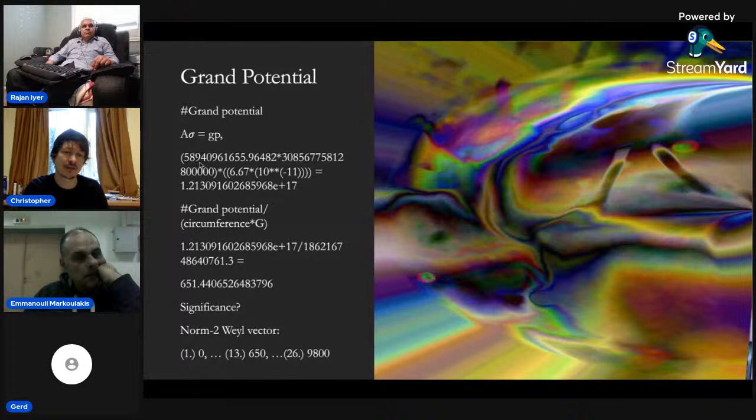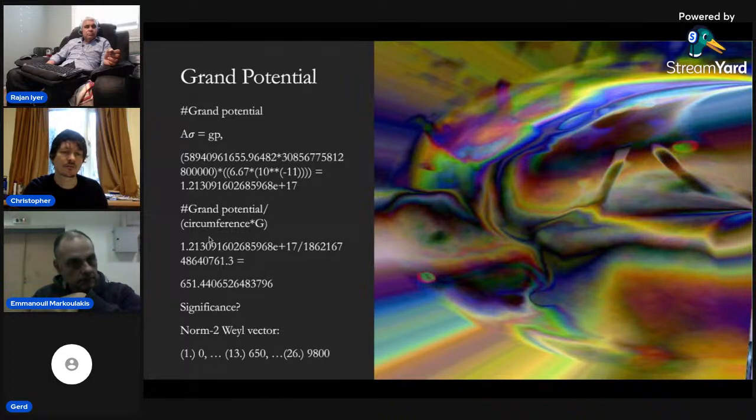So we use again the units of measurement for the surface area, this time in terms of light years, times Newton's gravitational constant, and we get this number for the grand potential, which is 1.21 times 10 to the 17th power.